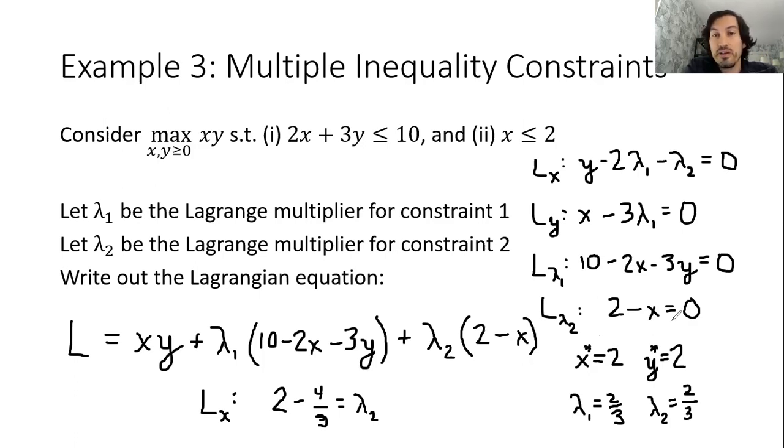In this class, if you're doing a problem with inequality constraints and you get to this point where you found answers for the choice variables and you found that the Lagrange multipliers are all positive or zero, just not negative, then I'll tell you, you can stop. You can say, great, we're done. I'm not going to make you do any more proof that this is the answer.